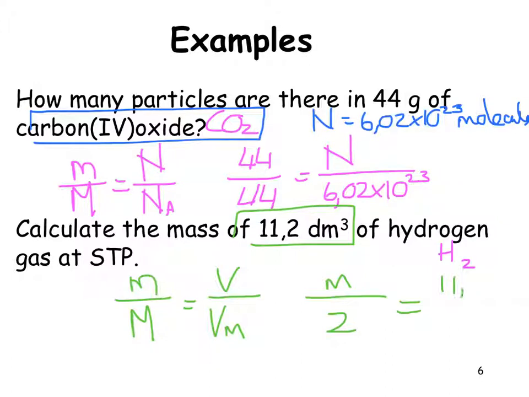The volume that they give me is 11,2. The standard volume of 1 mole of gas at STP is 22,4. I therefore land up with 0,5 and multiply that by 2. I can cross multiply. Mass turns out to be equal to 1 gram.